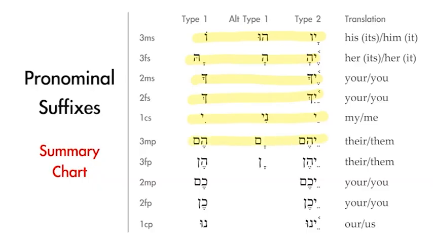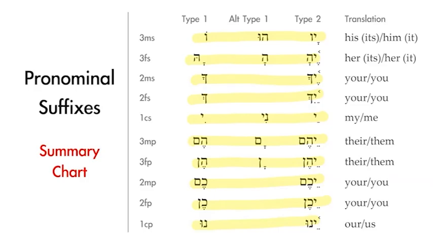In the 3MP, there's always a mem: hem, hom, or ahem. In the 3FP, there's always a nun: hen, on, or ahen. In the 2MP, there's always a kaf, segol, mem. The same is true for the 2FP, but it's ken: kaf, segol, nun. And in the 1CP, we have nu in every form.